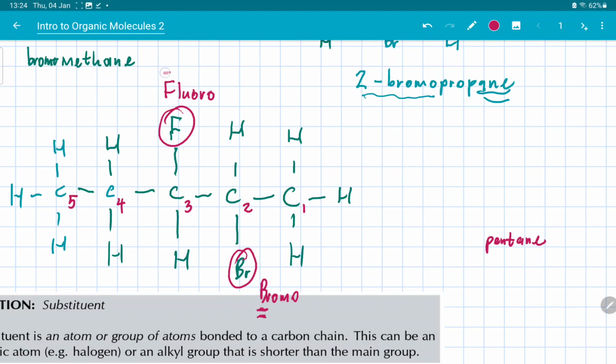Alphabetically when we are naming, the position of Br is number 2, so I say 2-bromo, then the position of fluoro, 3-fluoro, and the main continuous chain, pentane. So 2-bromo-3-fluoropentane.